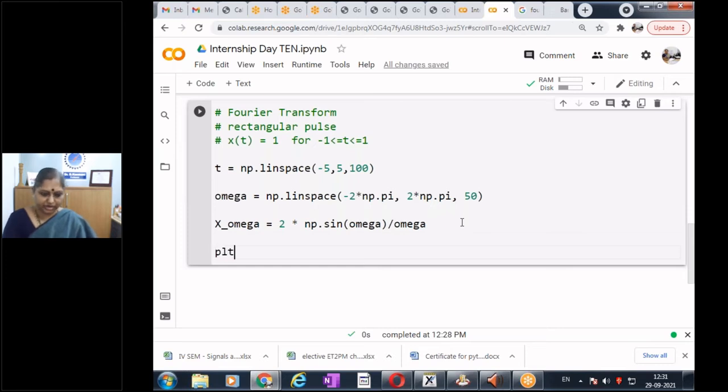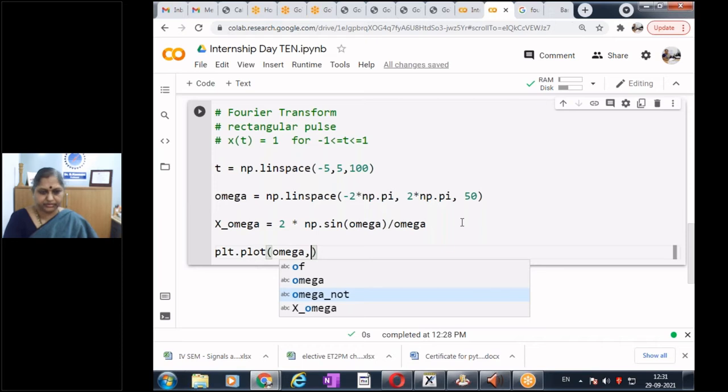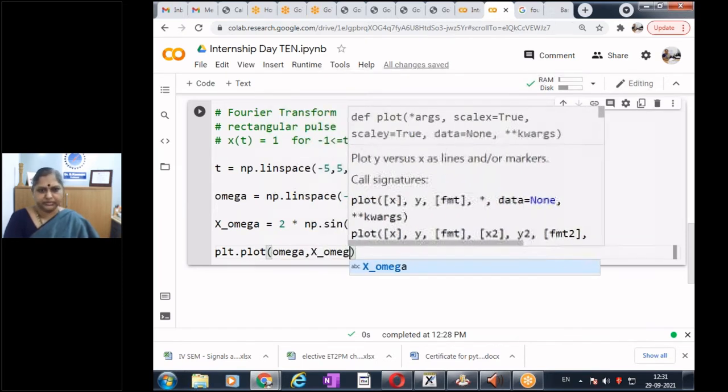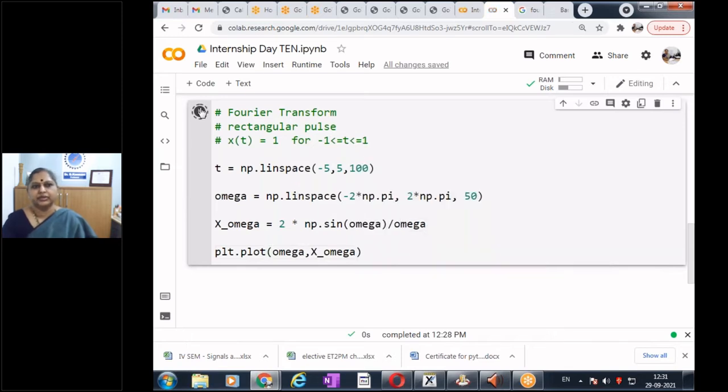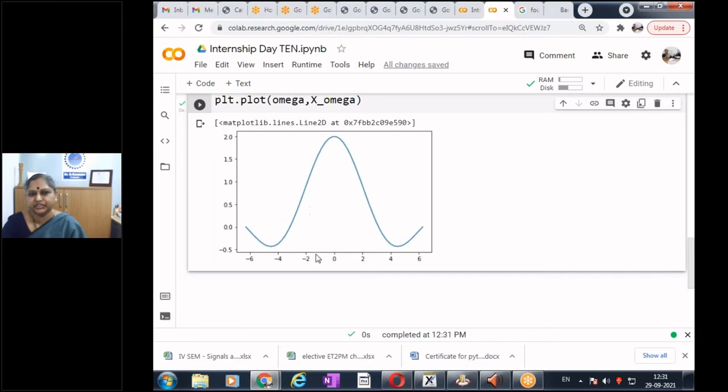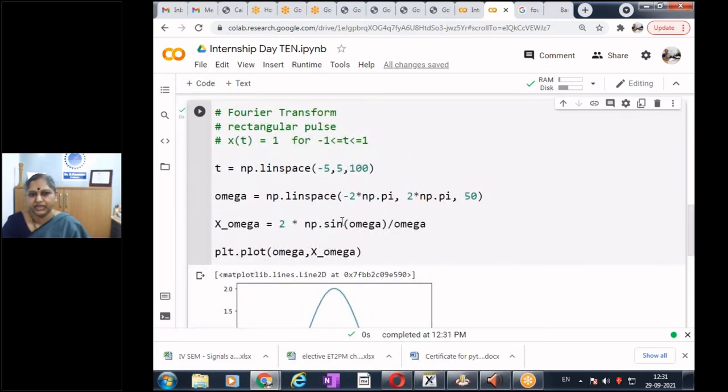And then let me plot the function and see do I get my sinc function. This is what I got. Now I want to see for a larger range. So how do I make it for a larger range? Instead of -2 pi to plus 2 pi, let me make it as -5 pi to plus 5 pi.